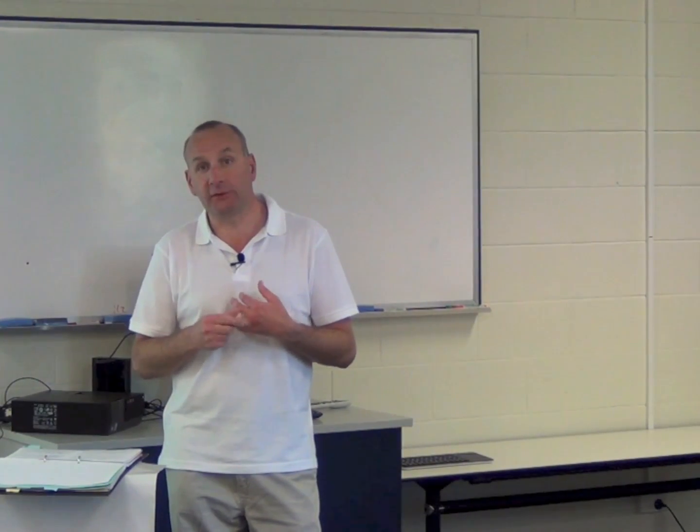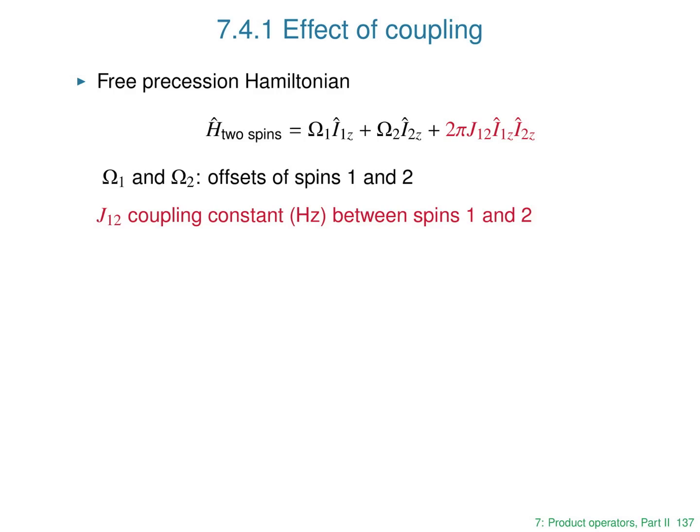So the coupling is going to have an effect on these operators, and that's the new feature of the two-spin system. So first of all, I want to consider what the effect of the coupling is on these operator terms. If you have free precession, that just means allowing the system to evolve just under the influence of the static magnetic field.